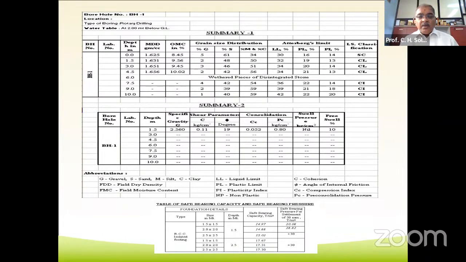So as far as the previous slide and this slide are concerned, both slides present the results obtained from the field as well as the laboratory.